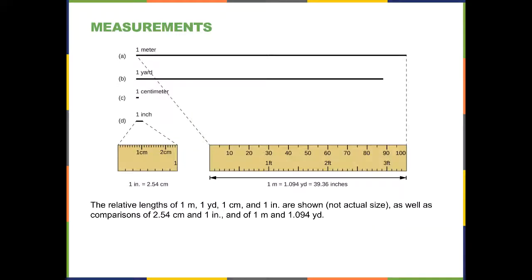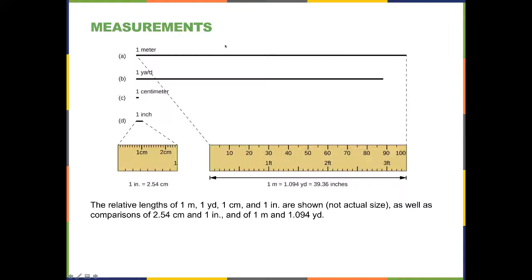Now I'm going to finish up the lecture, this last portion of this part and all of the next part, talking about various measurements. It's extremely important to understand measurements because we measure everything in chemistry. And this is just an opportunity to look at the relative relationship of various measures.